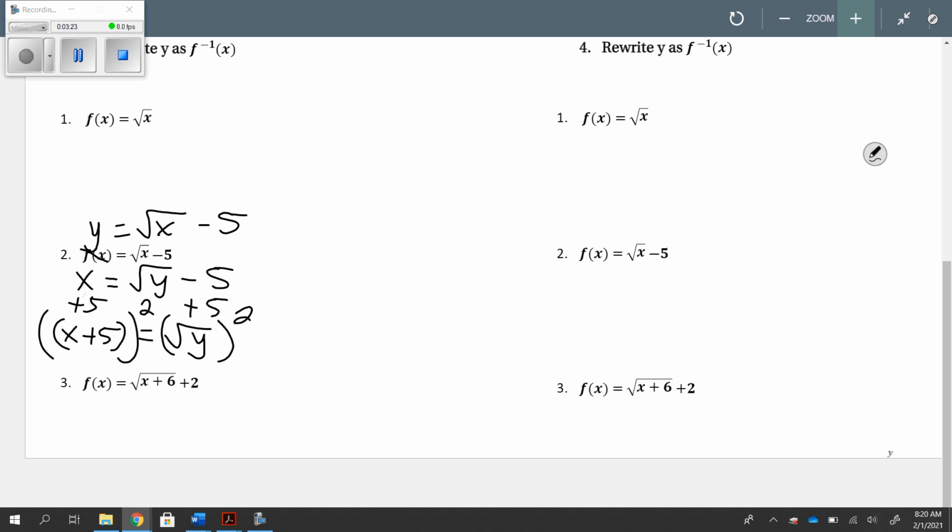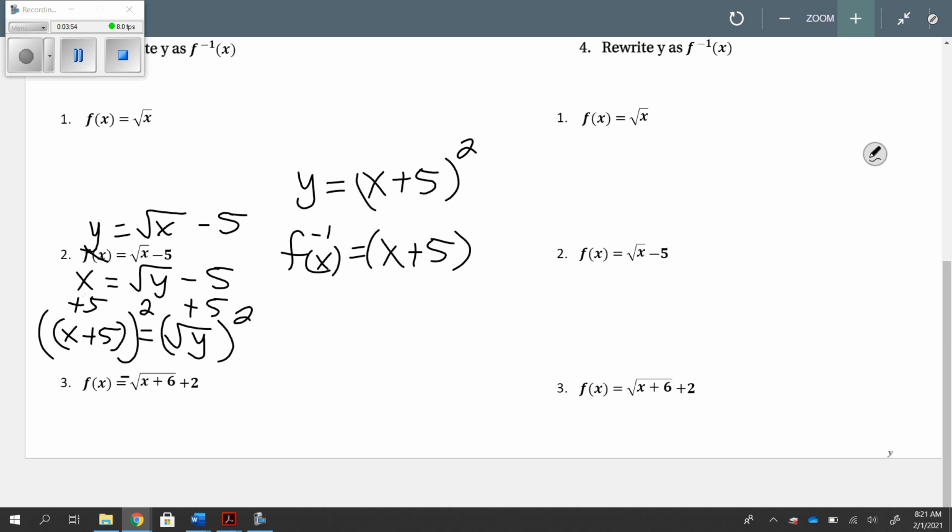So squared. So I'm going to continue on up here at the top. So we have y equals x plus 5 squared. All right, then our last step, we just write y as f of negative 1 x. f of negative 1 x equals x plus 5 squared.